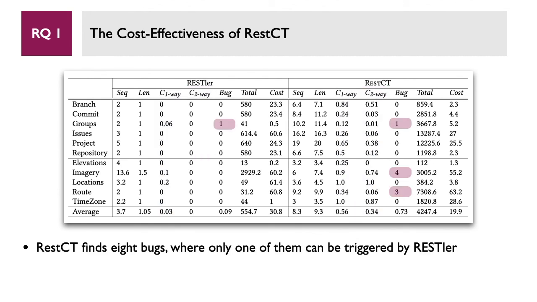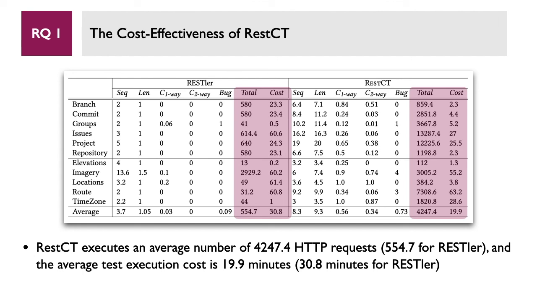During this testing process, REST-AT finds 8 bugs where only one of them can be triggered by RESTler. And for the testing efficiency, REST-AT can generate and send more than 4,000 HTTP requests in 20 minutes. By contrast, RESTler takes about 30 minutes, but only 500 HTTP requests can be exercised.